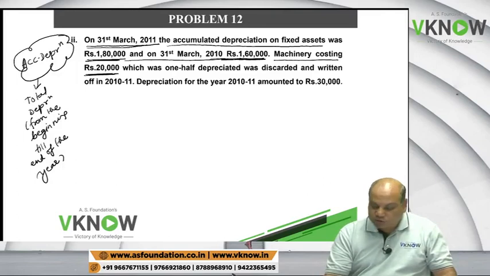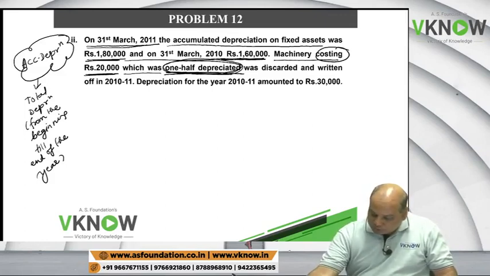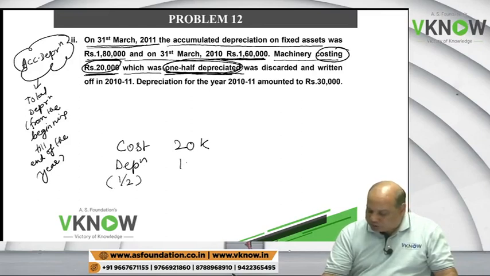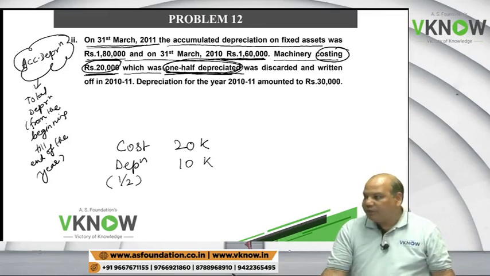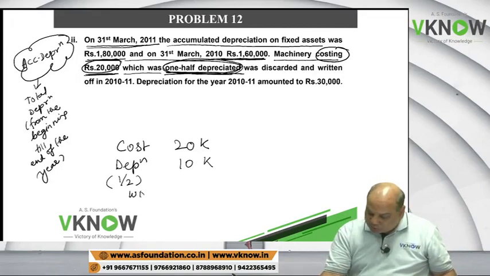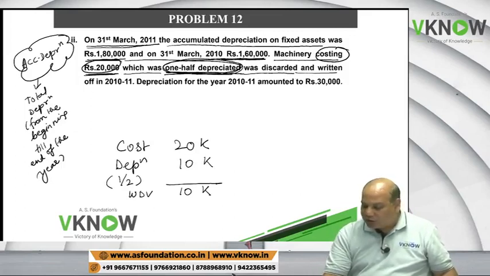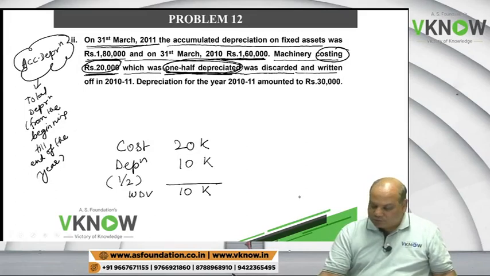Machine whose cost is 20,000, which was one half depreciated, and the depreciation already charged on this machine is half, which means its WDV is 10K, was discarded and written off in 2010-11.